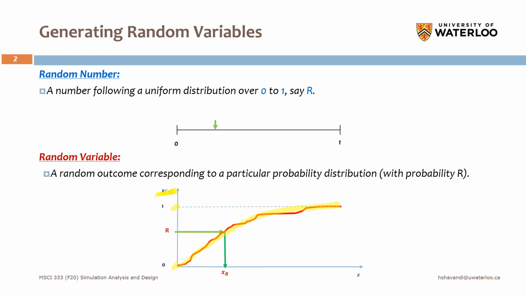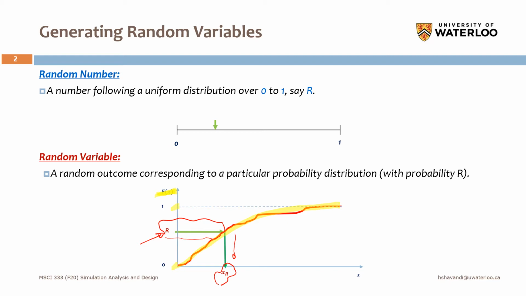Now we generate a random number r, let's say using the rand function in Excel. Then we set the random number to be equal to Fx, I mean to the CDF. By having this equation, we can solve it for x, and then we obtain x_r, which we consider as a random variable.